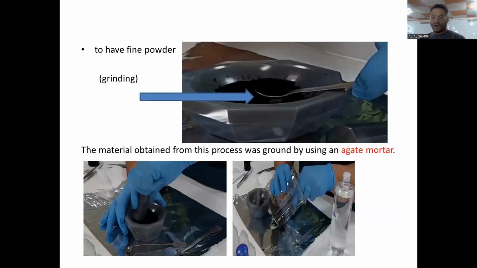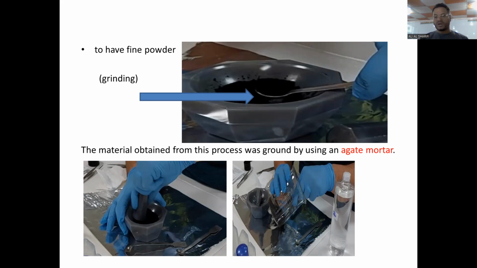Here, fine powder. To have fine powder, a grinding process. That means something like this, to break down these grain sizes more and force them to aggregate, or let me say, force them to make groups and make the distance between all of these grains less and less.